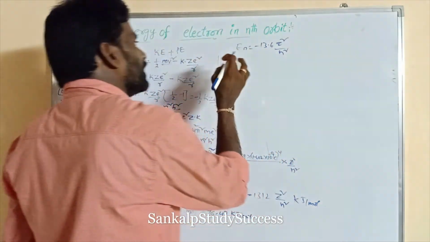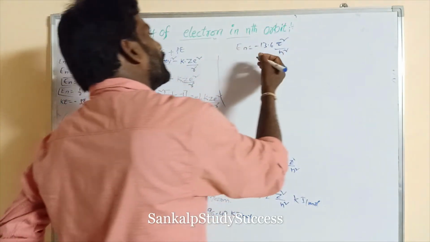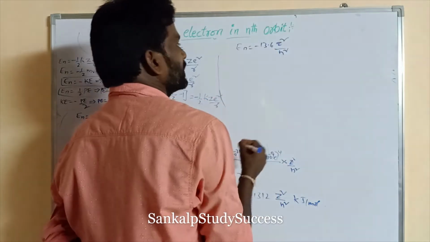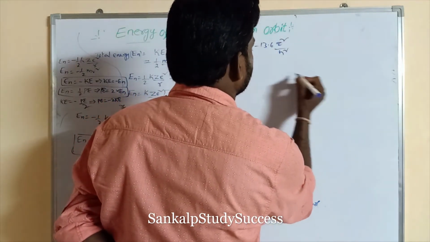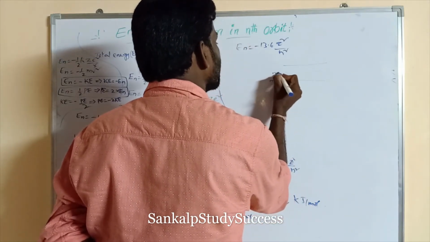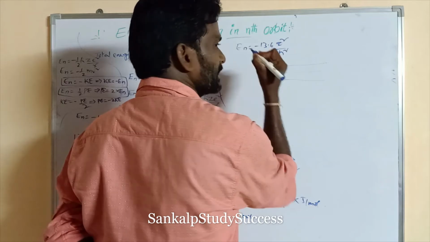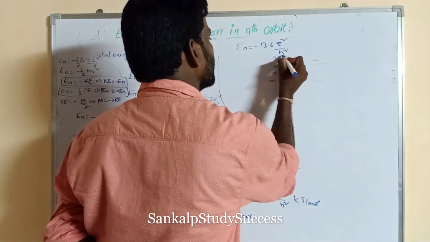If the n value increases, what happens to the energy of the electron in the nth orbit? Suppose this is n is equal to 1, this is n is equal to 2, this is n is equal to 3, and this is n is equal to infinity.